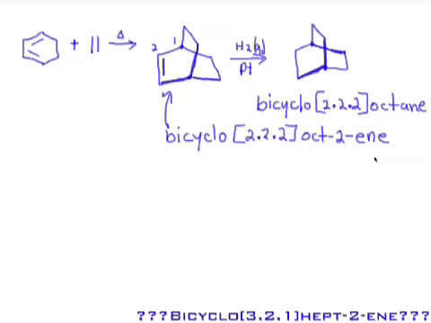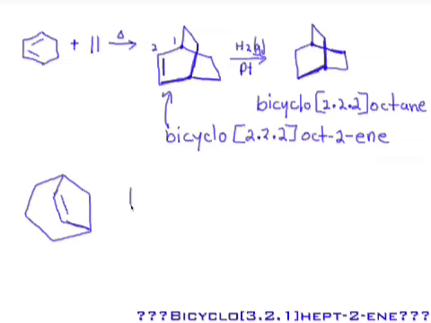Let's try one where a high priority group doesn't appear on the longest chain, and it can be a little tricky. Let's go back to our original one. Put a double bond here. How would you name that?